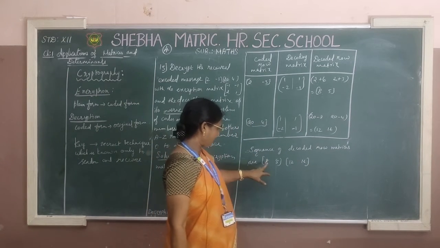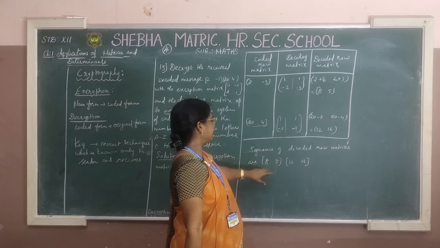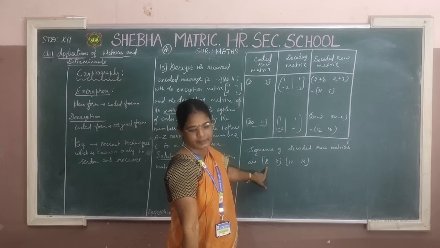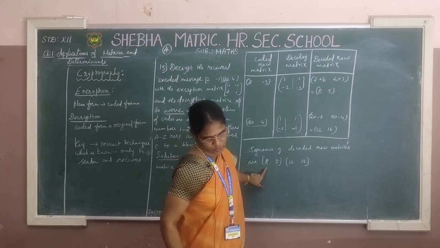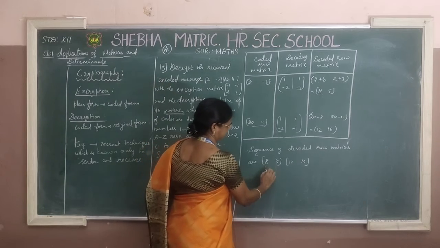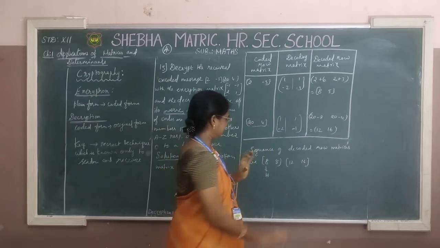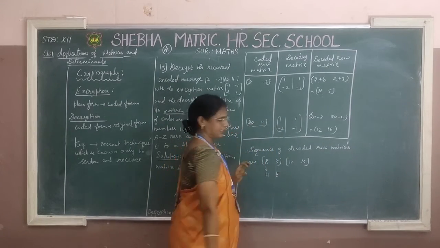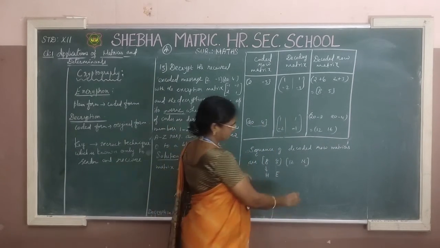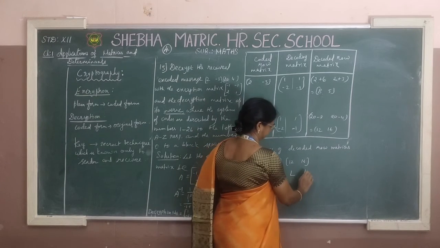Now, we have to put the English alphabet. What is the 8th letter in the English alphabet? Yes, the 8th letter is H. What is the 5th letter? A, B, C, D, E. E is our 5th one. And the 12th letter is L. And the 16th letter is P.